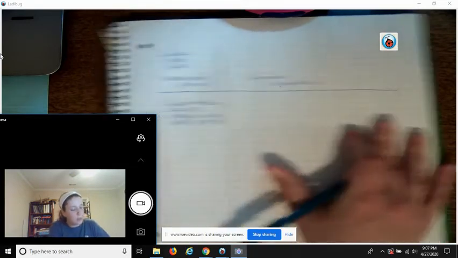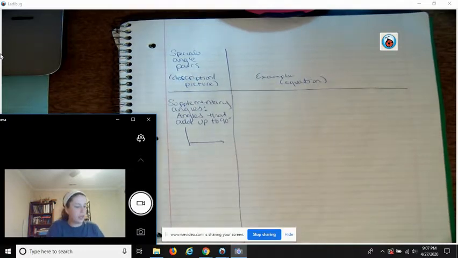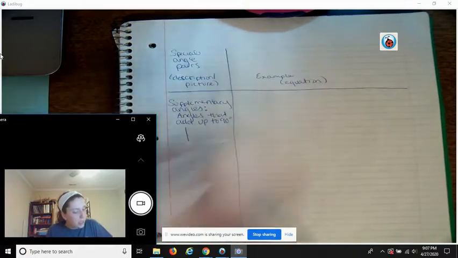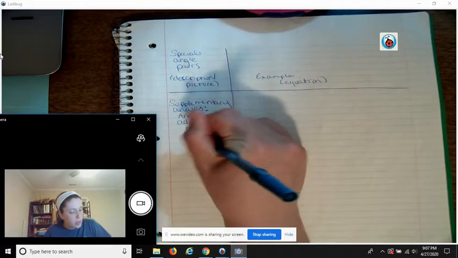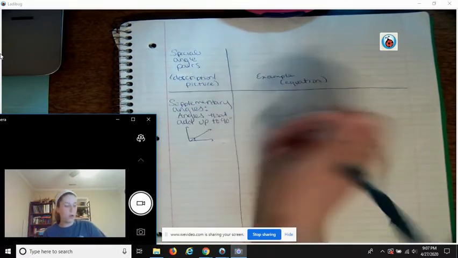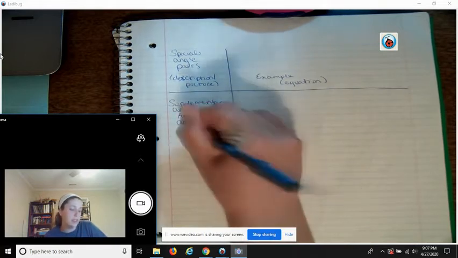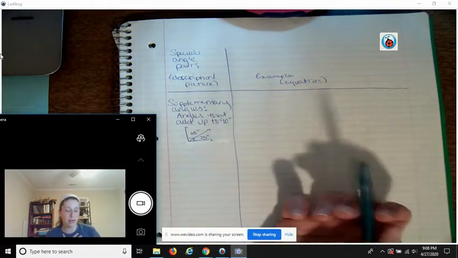I should pay attention to how much space I'm using because this could be bigger than I thought. They should add up to 90, so maybe this one's 25 degrees and this one's 65 degrees. 65 and 25, 60 and 20 make 80, 5 and 5 make 10, 80 and 10 is 90. So in total we have a 90-degree angle right here.